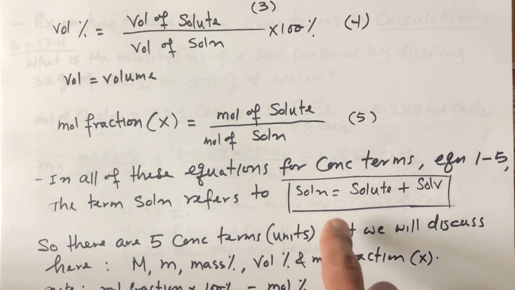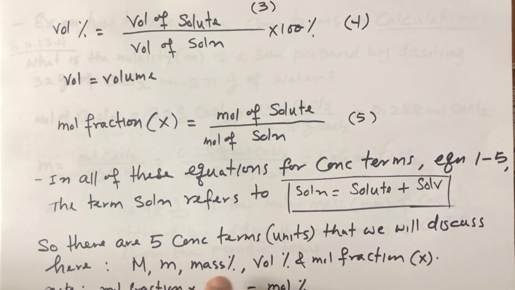Now, right now we have defined 5 concentration terms: molarity, mass percent, volume percent, mole fraction. I want you to memorize the equation for each given concentration term.